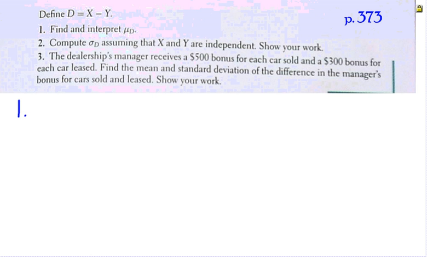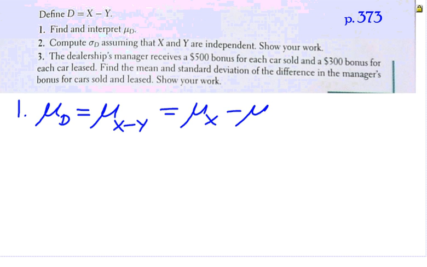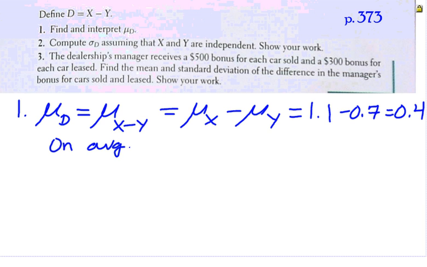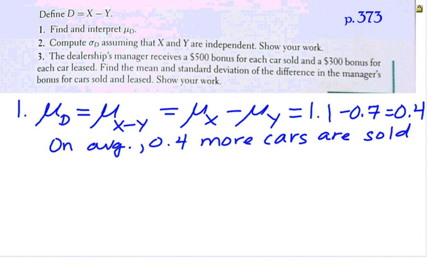So if I want to find mu D based on what we've seen, this is the same as mu of X minus Y, which means I just subtract the means of X and Y. So now I have 1.1 minus 0.7, which gives me 0.4. And again, an interpretation here would say, on average, 0.4 more cars, since this is a positive difference, are sold than leased.